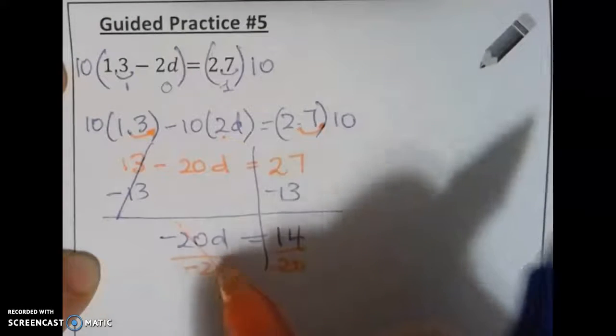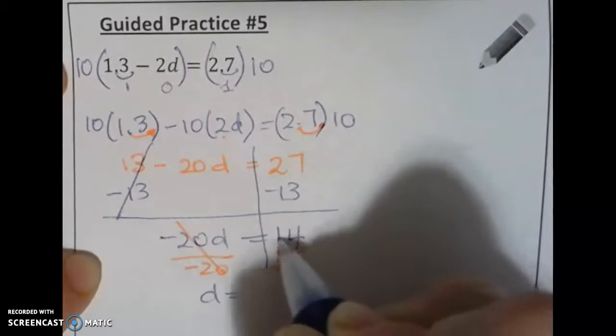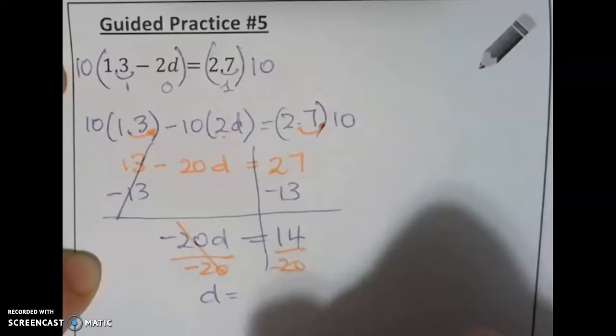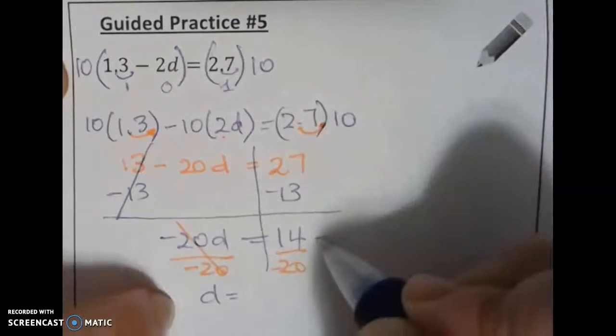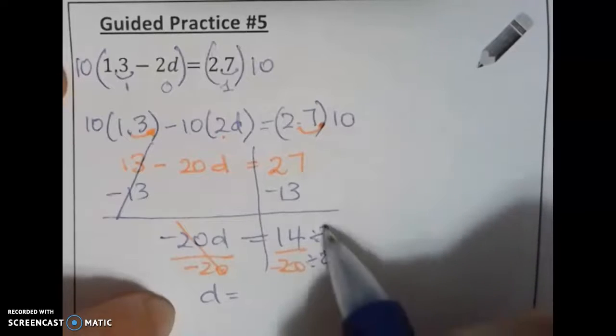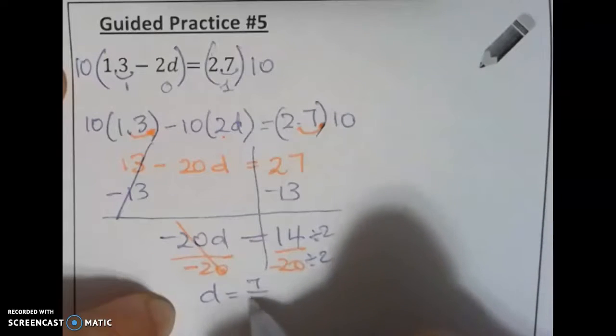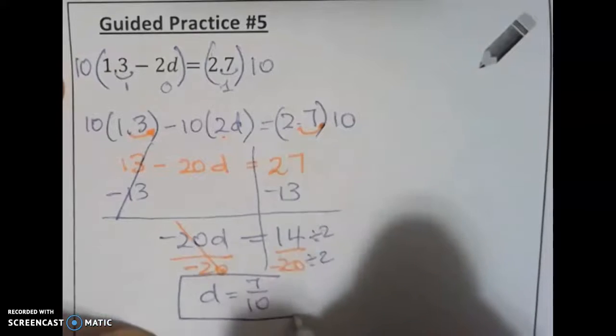And that cancels out. And you're left with d is equal to 14 divided by 20. Can we simplify this any further? Yes, we can, because they're both even, we can divide both numerator and denominator by 2. So that becomes 7 over 10. And that's my final answer.